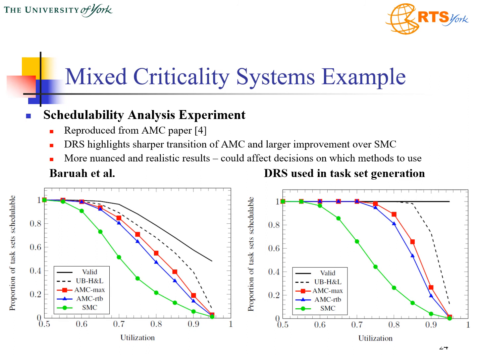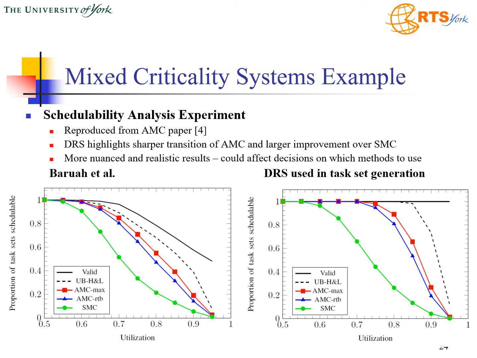This slide shows the results of two versions of the same experiment. The graph on the left is reproduced exactly from the original AMC paper, while that on the right is just the same experiment but using the DRS algorithm in task set generation. Here it's important to note that by using DRS, we were able to generate valid task sets with low criticality utilizations all the way up to 1.